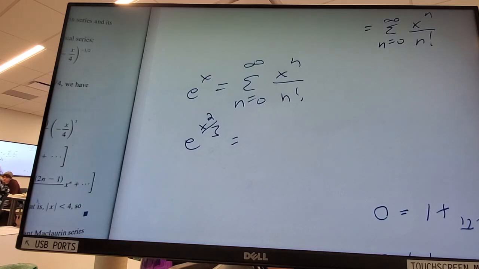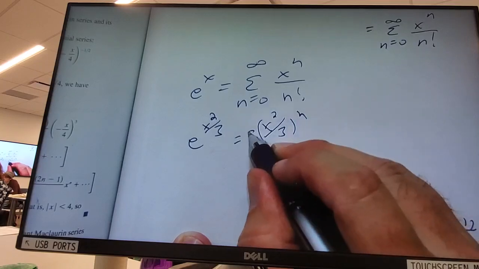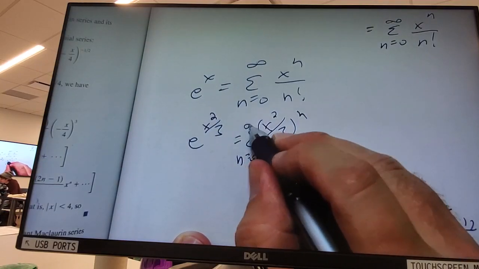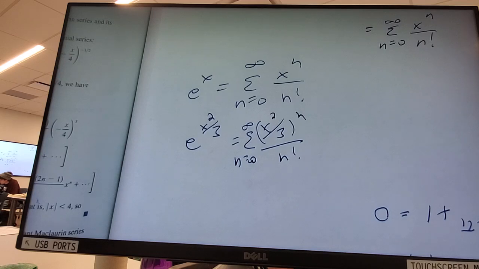It's x squared over 3 to the n, over n factorial, with a summation symbol. We've done that before, but not a lot. If I have a power series representation and I change the input, well, I change the input. Not a big deal.